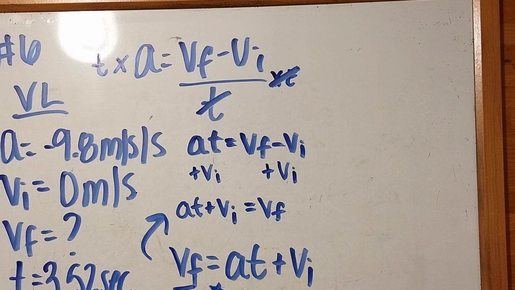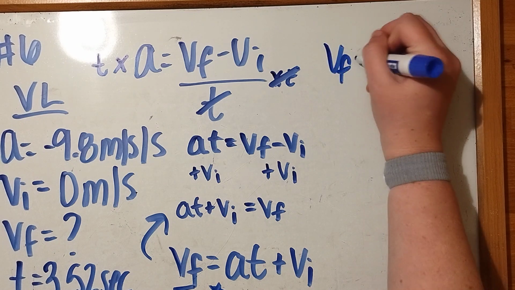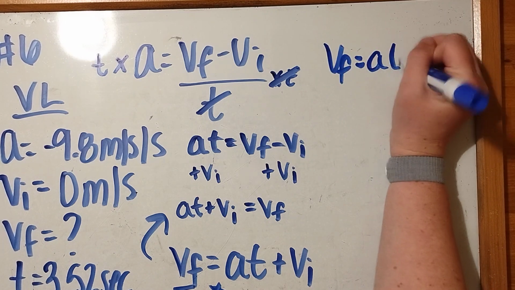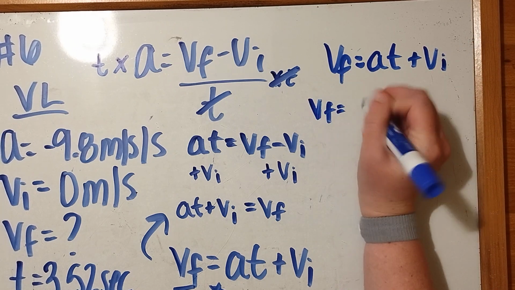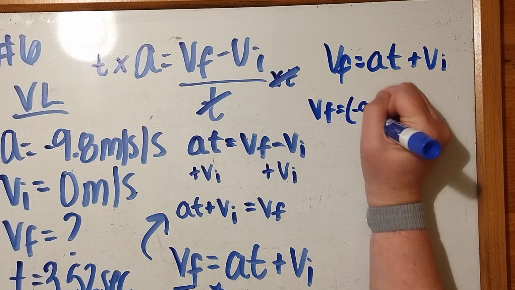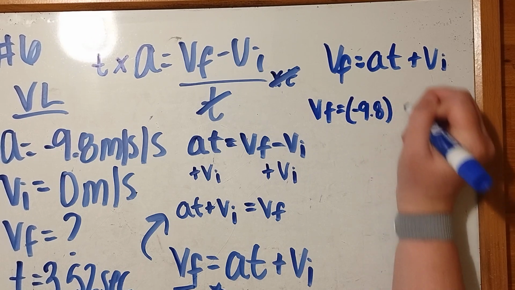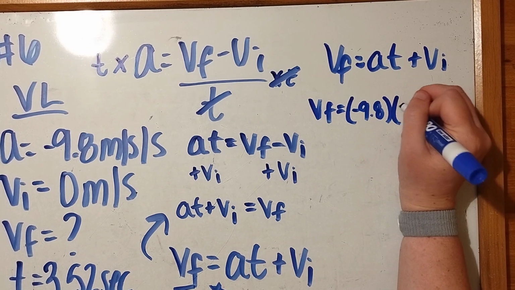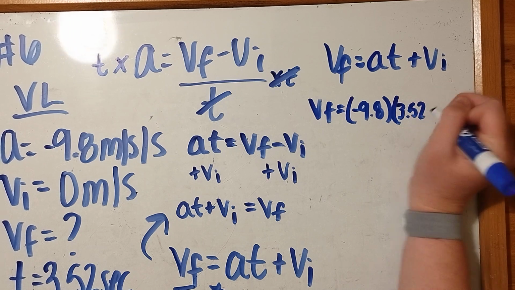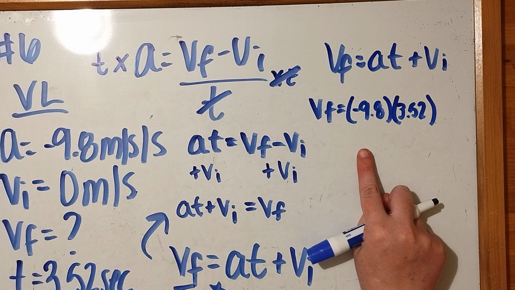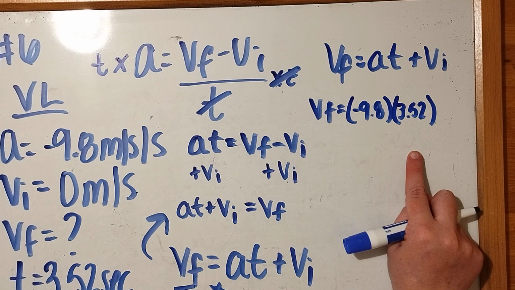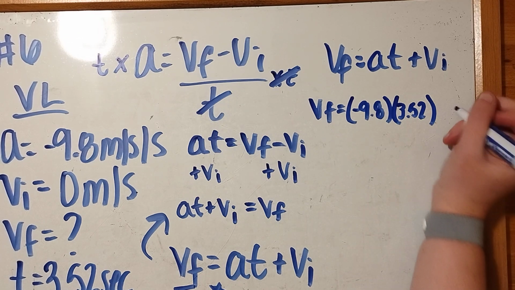All right, let's plug in our numbers now. Now that we got the equation, VF equals AT plus VI. Running out of a little bit of room here, so as much as I want to write the units in the question, I'm going to abbreviate here, because maybe I wrote a little too big over on the left-hand side. So we have acceleration negative 9.8 meters per second squared, time of 3.52.